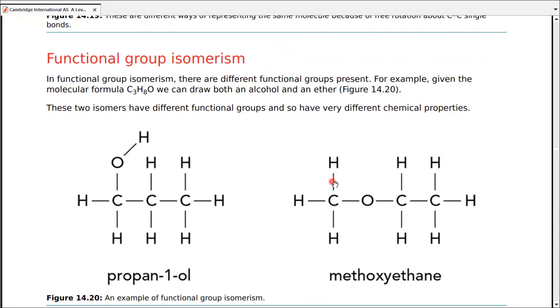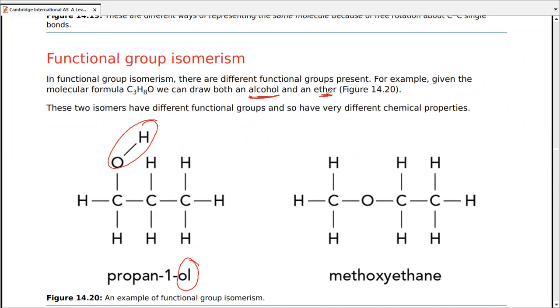Functional group isomerism. Now, as the name suggests, it's completely understandable that the isomerism is between two entirely different functional groups. You might not be familiar with the functional group on the right. I hope you're familiar with the alcohol functional group, the OH with the suffix of OL.